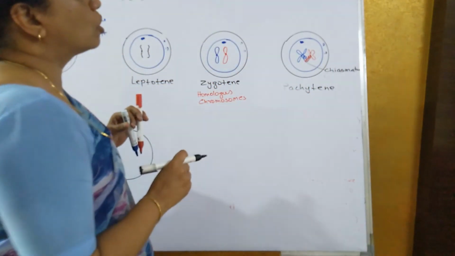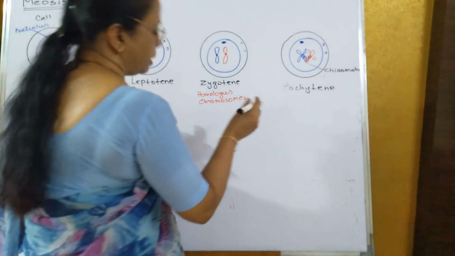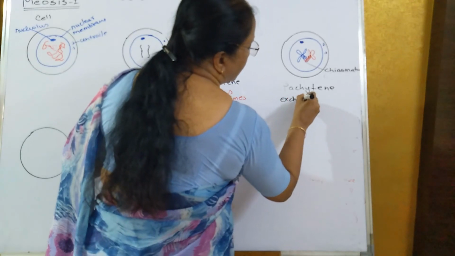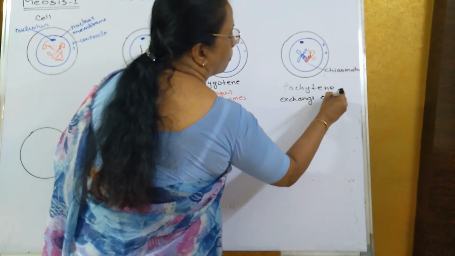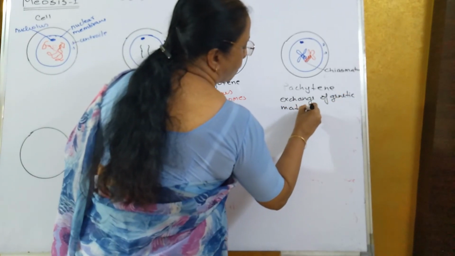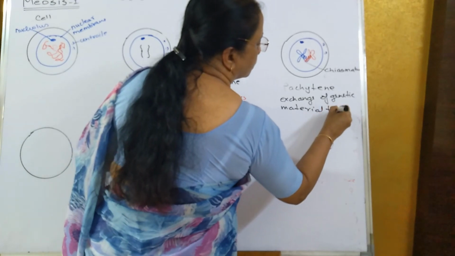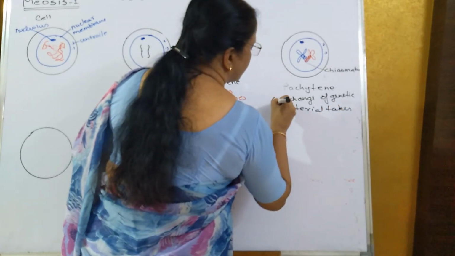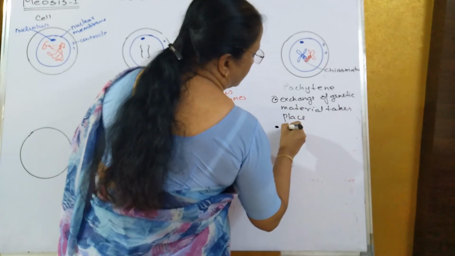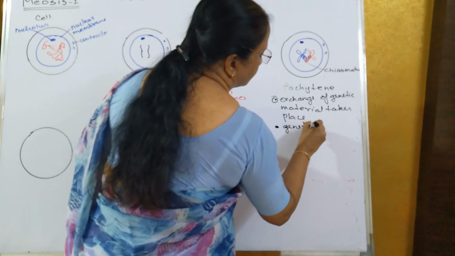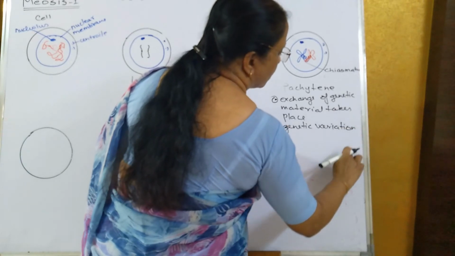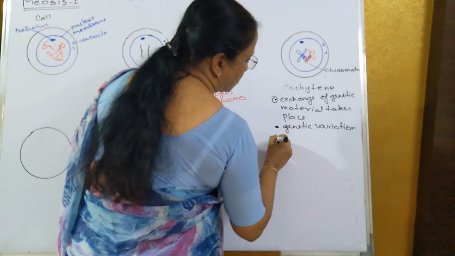The chromosomes cross over each other, hence exchange of genetic material takes place. Genetic variation takes place. And because of the genetic variation, evolution takes place.